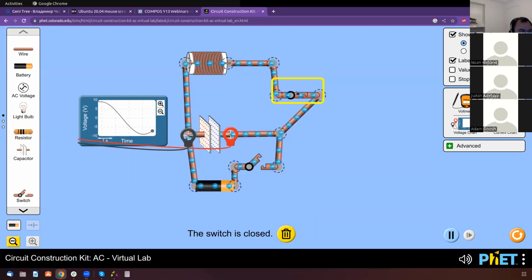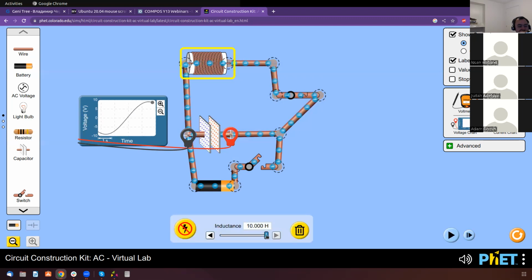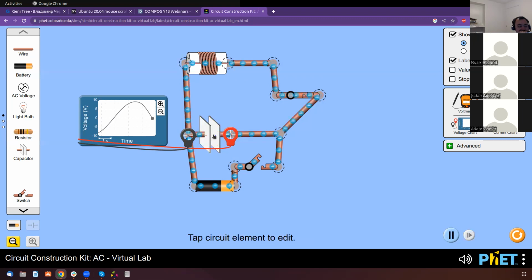Now the capacitor is charged in the opposite direction. I changed the inductance just to get a better sine curve.